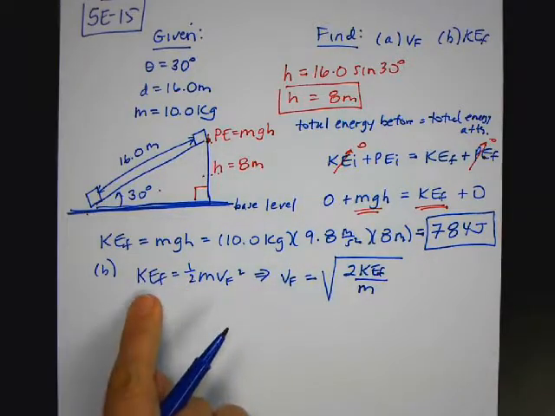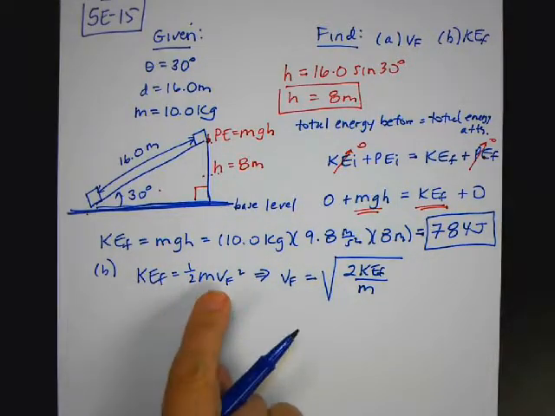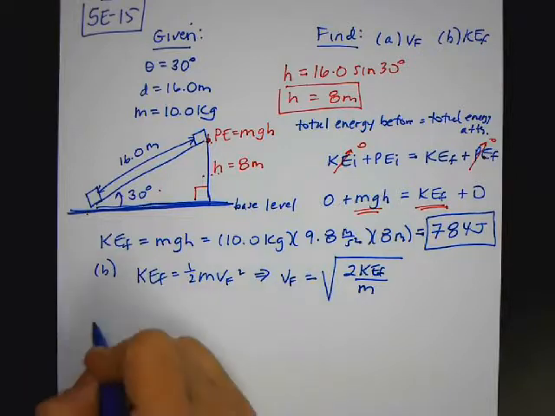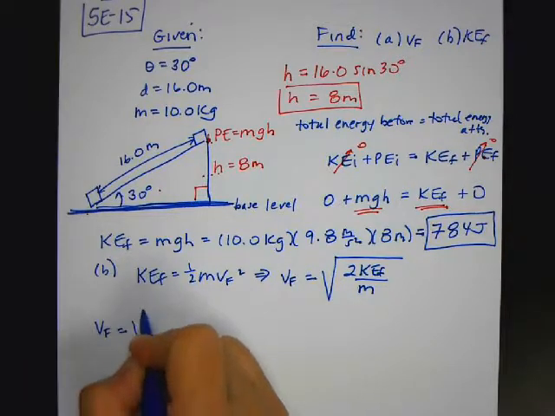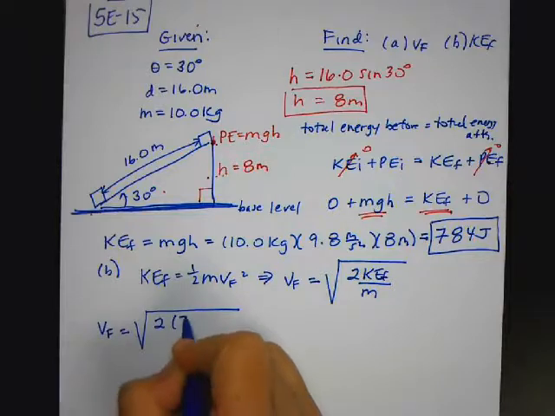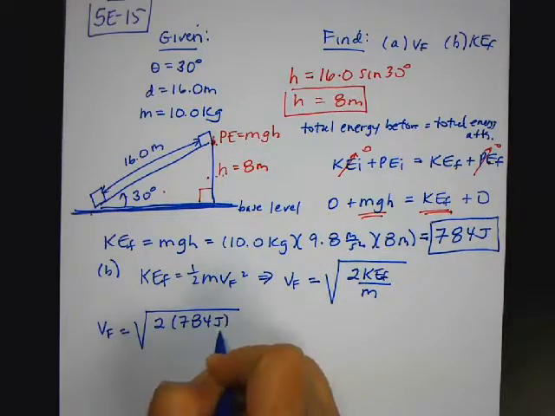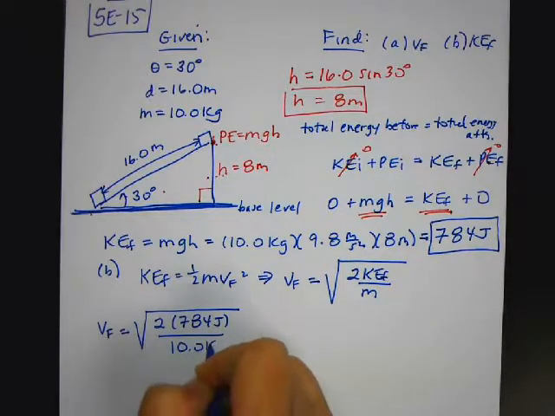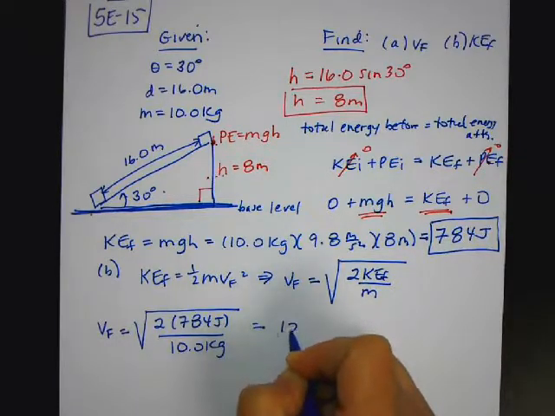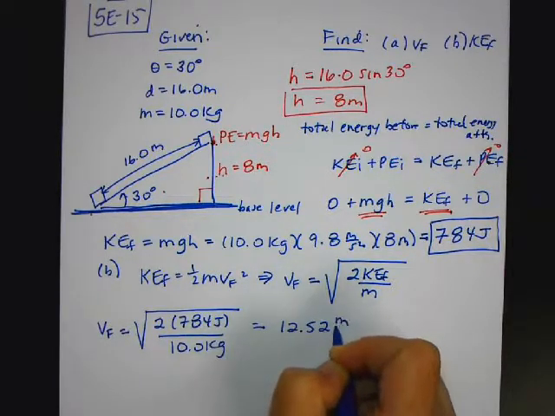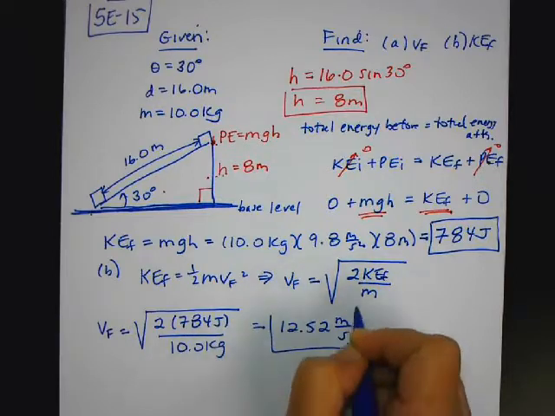I multiplied both sides by 2, I divided by m, and I took the square root of both sides. So now I'm going to substitute in my values. 2 times 784 joules divided by 10 kilograms, and VF comes out to be 12.52 meters per second.